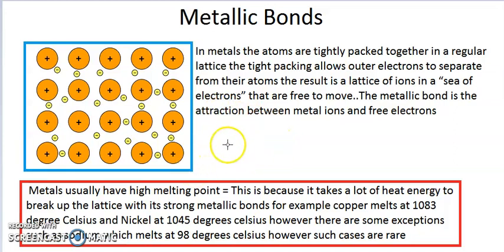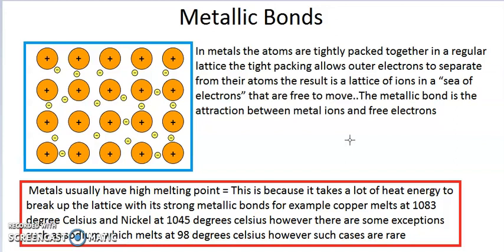Now I'm going to discuss a few characteristics of the metals in relation to this diagram in order to make things much clearer. Okay, so the first point is metals usually have high melting points. This is because it takes a lot of heat energy to break up the lattice with its strong metallic bonds. An example can be copper.